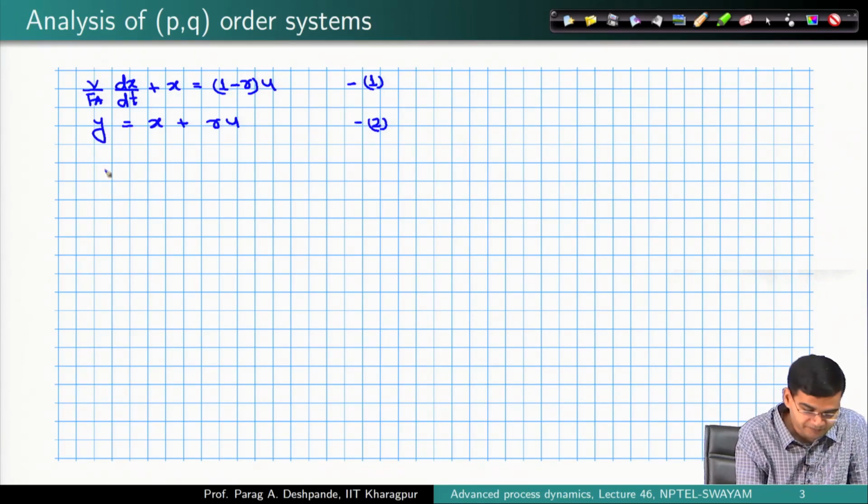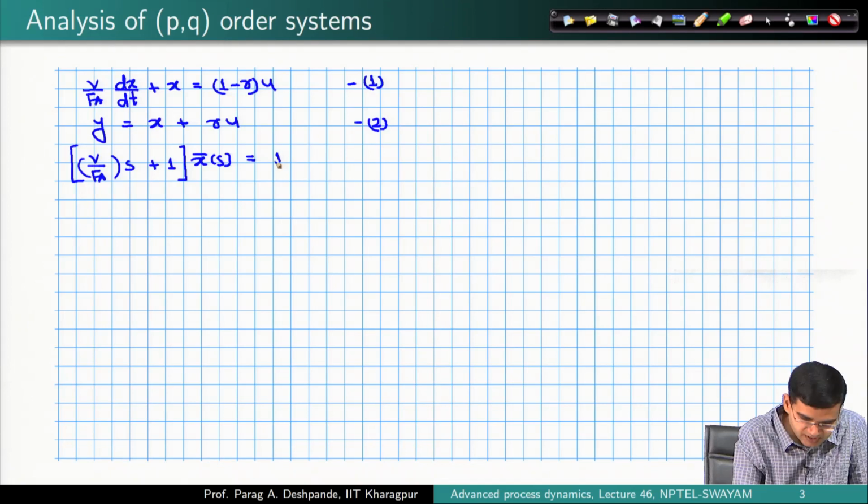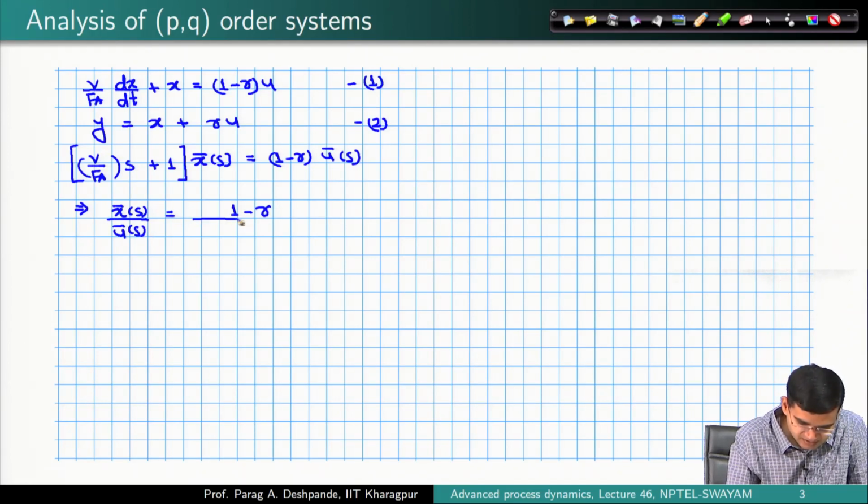So, from equation number 1, I can get (V upon F_A s plus 1) of x bar of s is equal to (1 minus R) u bar of s, from where I can simply write x bar of s divided by u bar of s is equal to (1 minus R) upon (V by F_A s plus 1).